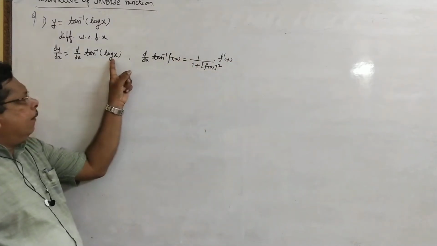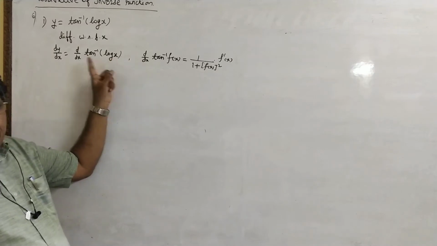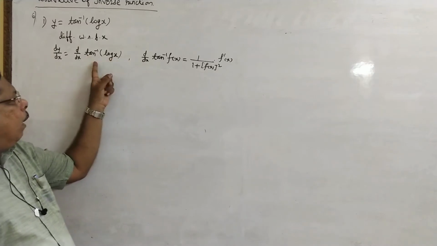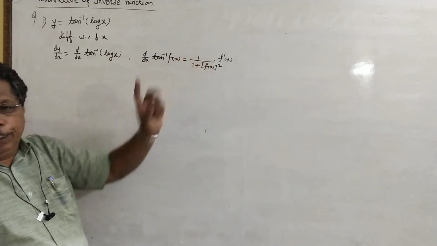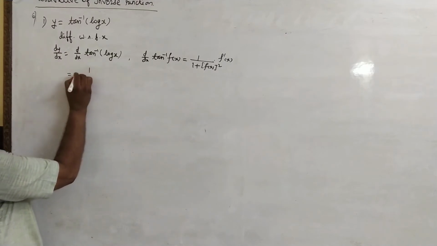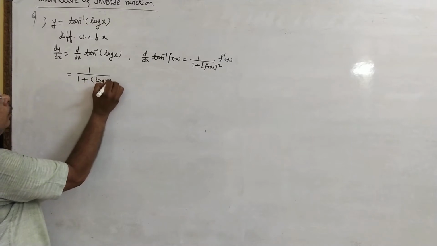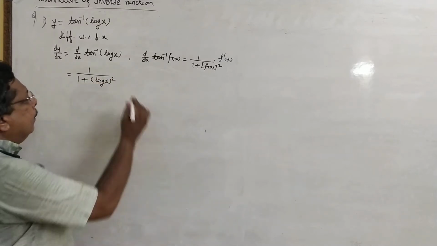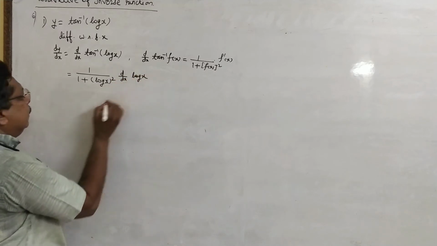What is fx here? Fx is equal to log x. Tan inverse fx, tan inverse log x. Now derivative of tan inverse fx is 1 upon 1 plus fx square into f dash x. So here derivative of tan inverse log x is 1 upon 1 plus log x the square into d by dx of log x.